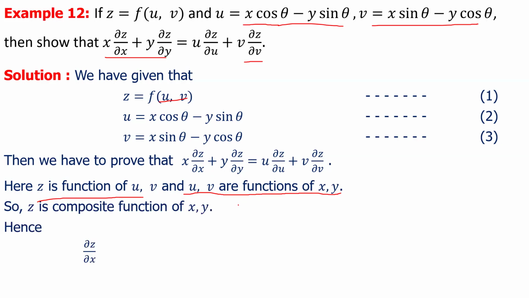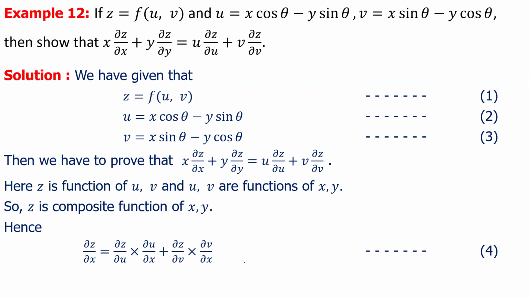Therefore, ∂z/∂x can be written as ∂z/∂u into ∂u/∂x plus ∂z/∂v into ∂v/∂x. Let us call it equation number 4. Similarly, ∂z/∂y is ∂z/∂u into ∂u/∂y plus ∂z/∂v into ∂v/∂y. Call it equation 5. So this is called a composite function.